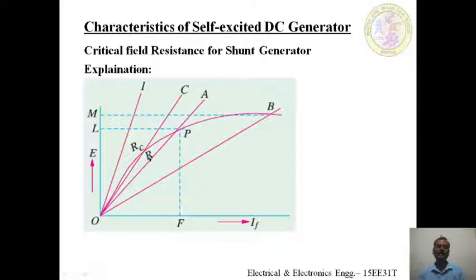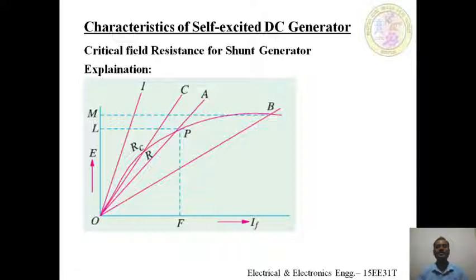Suppose we increase the shunt field resistance above the value R, then the maximum value of the induced EMF by that generator decreases. If we keep on increasing the resistance like that, and the resistance line does not cut the OCC, then the generator will fail to build up its voltage.